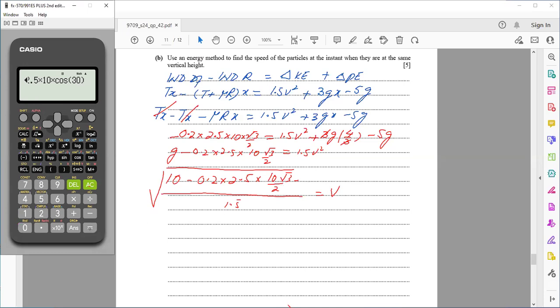We have this answer in decimal. So divided by 1.5, please check if there is some mistake. I have this answer, 3.771.